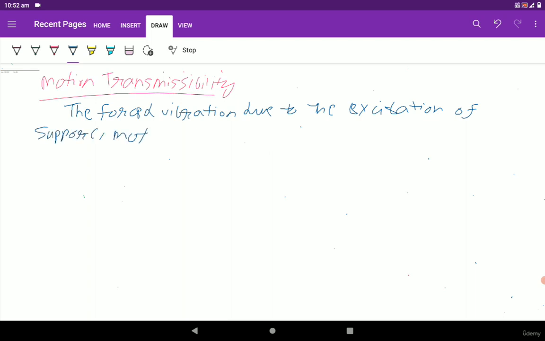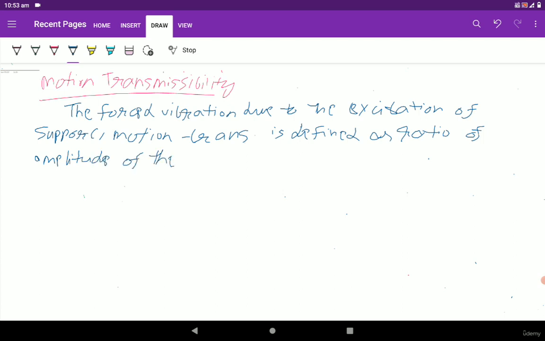Motion transmissibility is defined as the ratio of amplitude of the mass or body to the amplitude of base excitation.